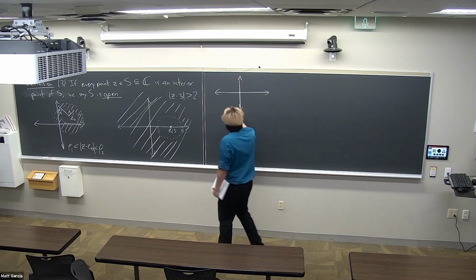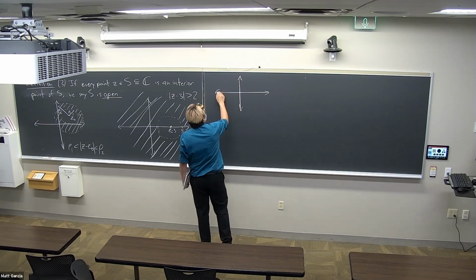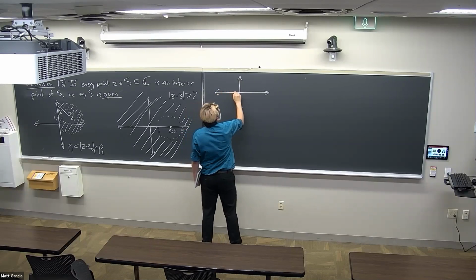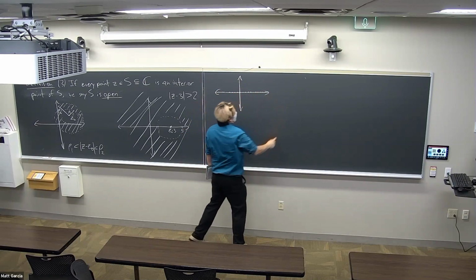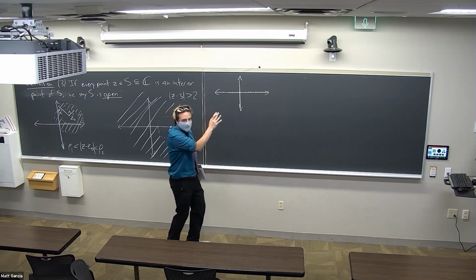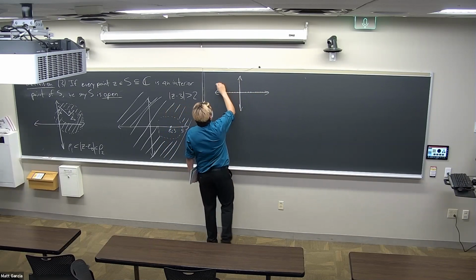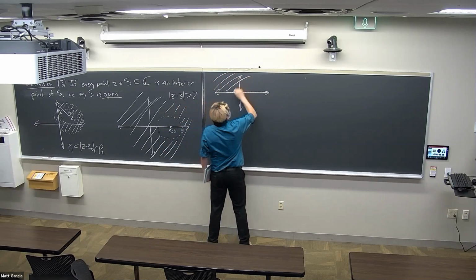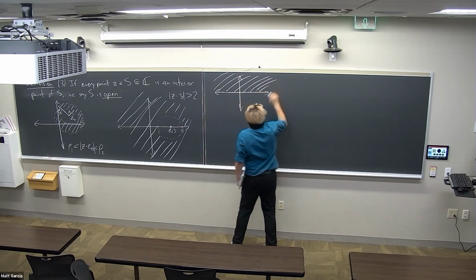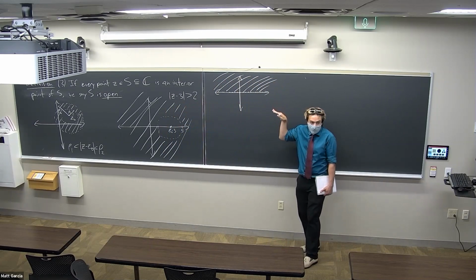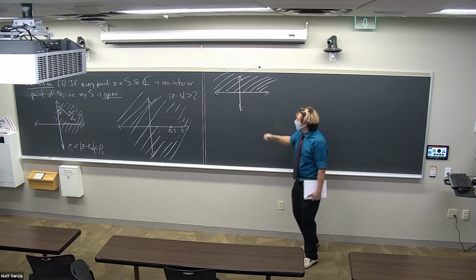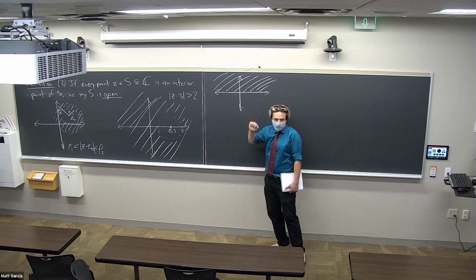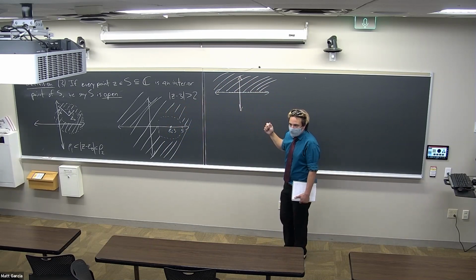Okay, so here's my complex plane again, and let's say this is supposed to be a dashed line on the real axis, and I just say I look at the upper half plane, right? Not including the real axis. What's the inequality here?